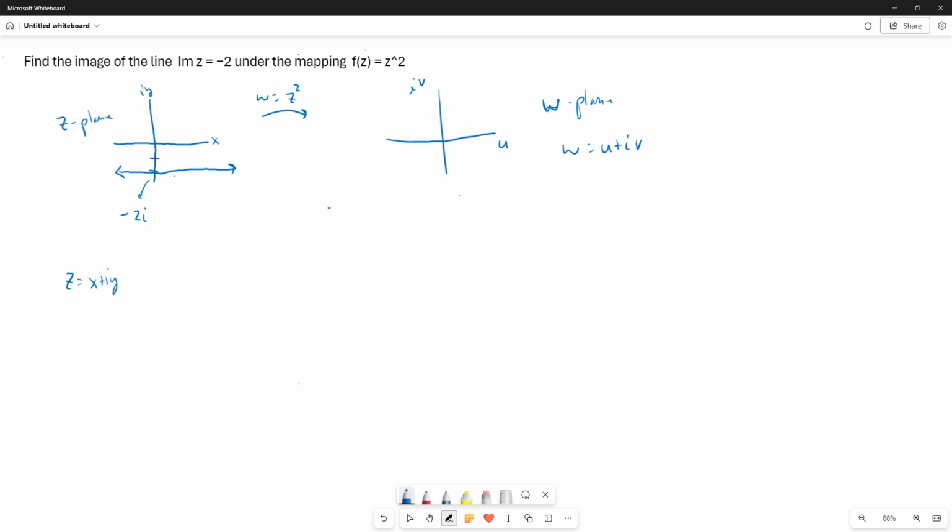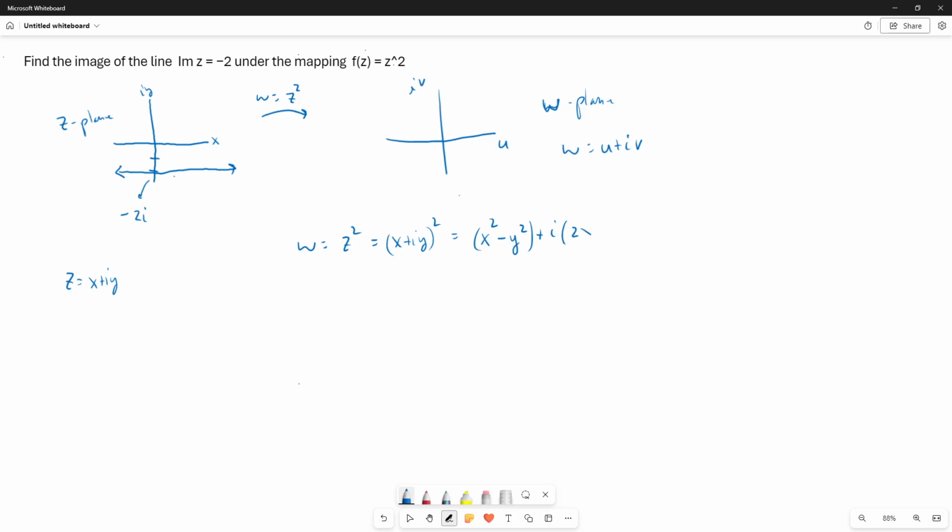So f of z equals, so w equals z squared, which is x plus iy, quantity squared. And if we square this out, we'll get x squared. And then squaring this one will give us minus y squared. And then the cross term will give us xy. And there's two of those, so 2i xy.